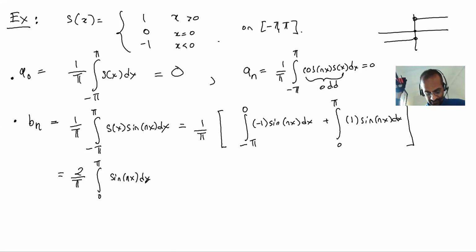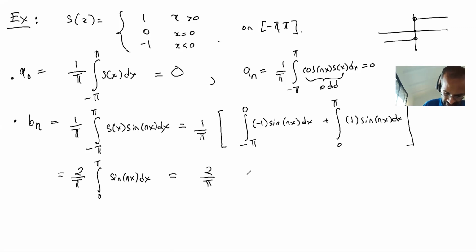Anybody know how to do that integral? Anybody do these integrals in calculus? You're just going to get 1 over n times negative cosine of nx evaluated at pi and 0. So this is not a complicated integral.